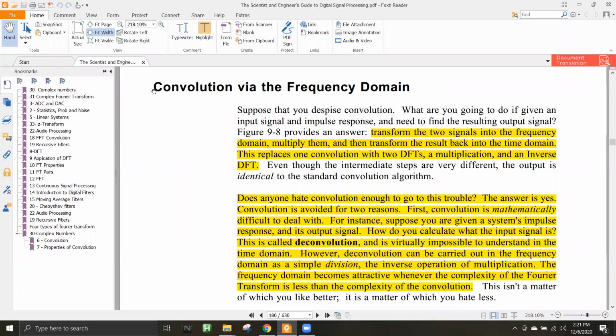The last topic that was remaining from application of DFT is convolution via the frequency domain. We have already said that due to the duality property between time domain and frequency domain, anytime we want to perform convolution in the time domain, we can do the equivalent operation by performing a multiplication in the frequency domain.